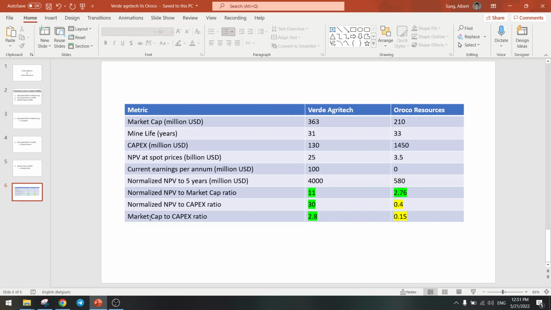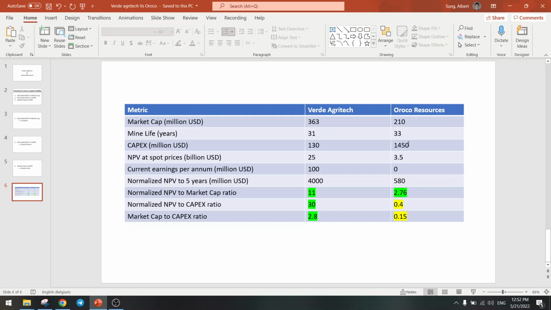But then we have the two other metrics, starting with the normalized NPV to CAPEX ratio. That's the 4 billion divided by the 130 million. This is hugely profitable, so that's 30. You have a tiny CAPEX and it will give you a lot of NPV. The problem with Oroco Resources is it has a massive CAPEX of 1.5 billion.